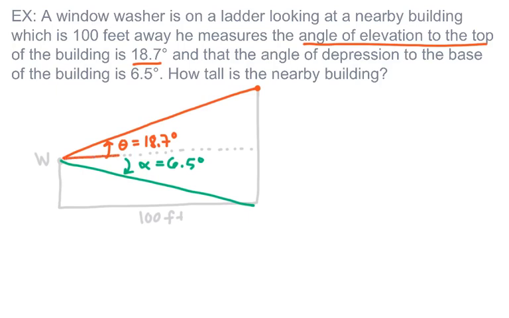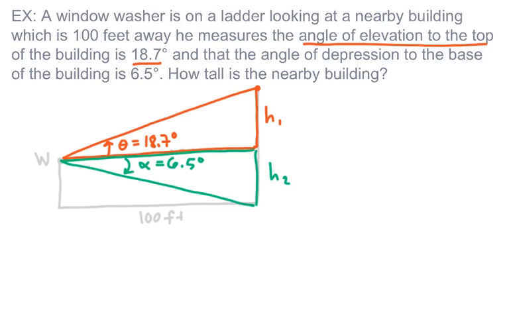So we need to determine the total height of the building. Well, what I want you to see is we have two right triangles here. I have one for the angle of elevation as well as this one below for my angle of depression. So I know an angle and a length and then a right angle for each of these. What I want to find is height 1 and height 2, because if I know those two heights, those two vertical sides on each of those right triangles, I can add them together and that will give me my total height.